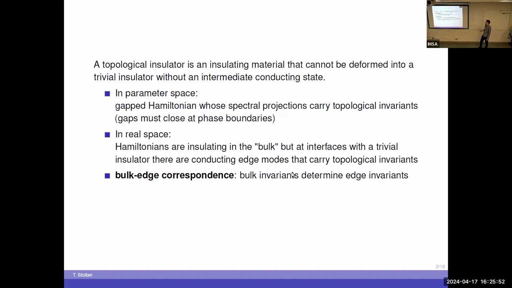But what we should have in general is a bulk-edge correspondence principle, which is not an exact duality, but it tells us that the bulk invariants exactly determine the edge invariants. So what this means is that the classification in parameter space is in some sense more fundamental, which is great for us because usually classifying gapped Hamiltonians is easier than classifying all possible boundary states for all possible boundaries. That's why this principle is so important.